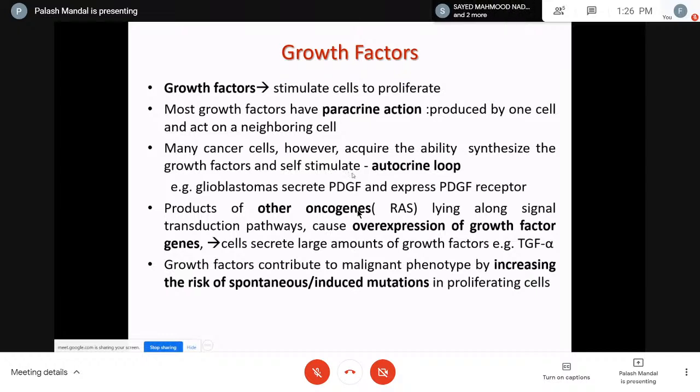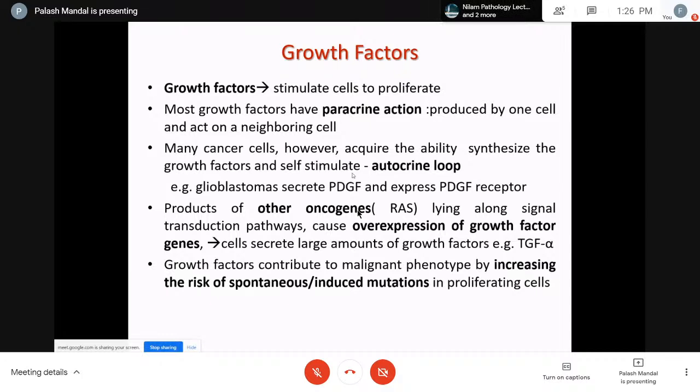Okay, the cancer cells have an ability to synthesize their own growth factors, and not only synthesizing the growth factors, they do have the receptors with them also. So if they produce PDGF, they will have a PDGFR. Okay, so they will self-stimulate. It is a kind of self-stimulation, and this is known as autocrine action. That was paracrine action in a normal cell, and autocrine action in a malignant cell.